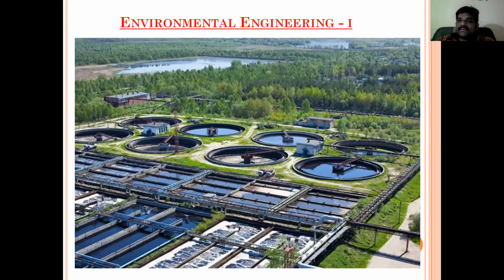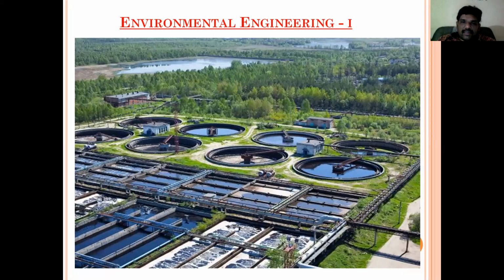All these units are constructed side by side. After sedimentation, the next step is coagulation. After coagulation, filtration. After filtration, water softening. All the steps and all the units must be constructed side by side.